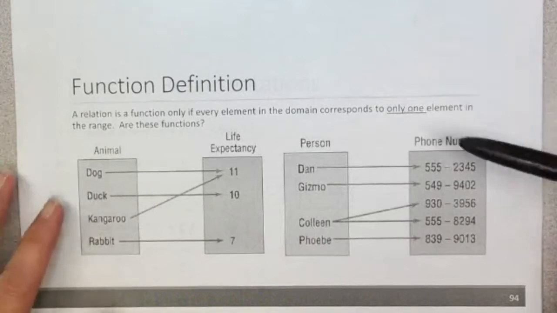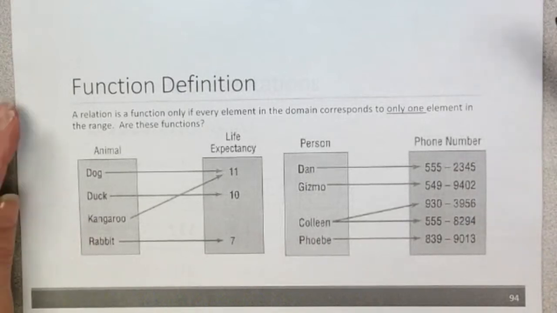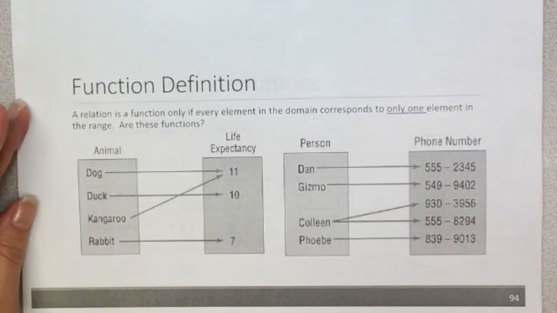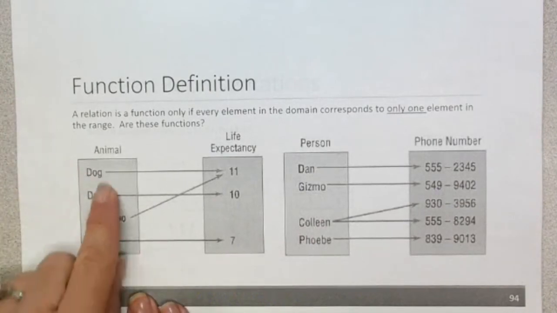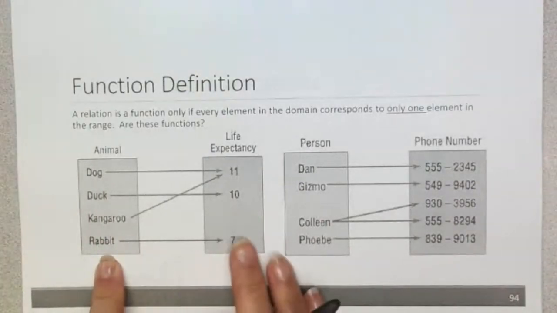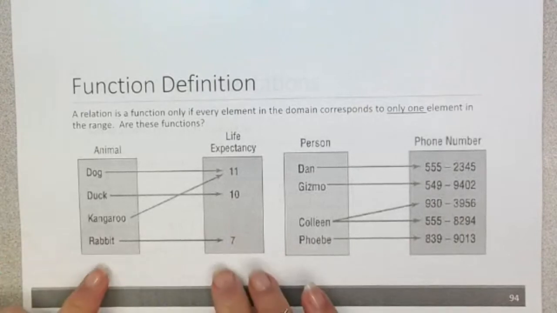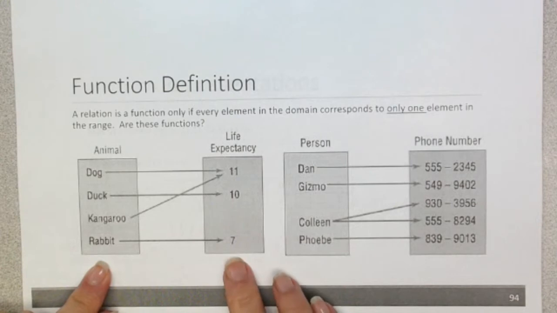A specific type of relation called a function is one in which each element of the domain, each input, corresponds to only one element in the range, or the output.